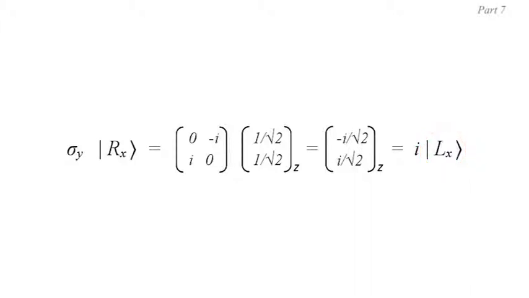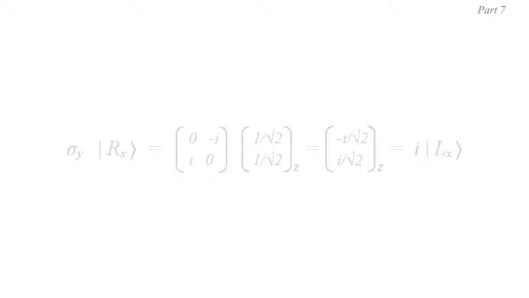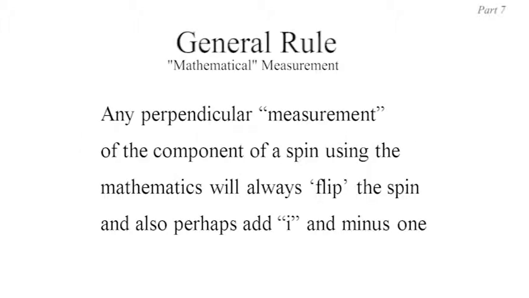As I said, that will not be needed later because we will tend only to need to consider up and down states when we consider entanglement, but you could check out the general rule that for any perpendicular measurement using the mathematics, it will always flip the spin and maybe throw in an I or two.